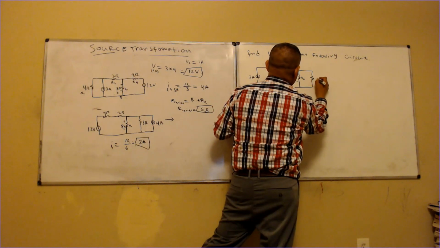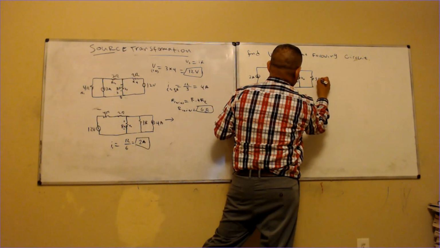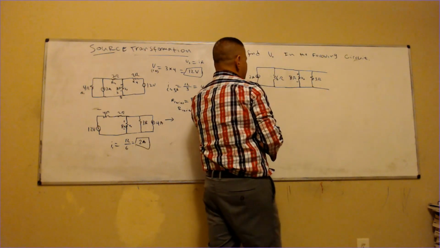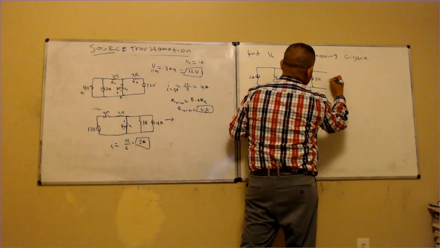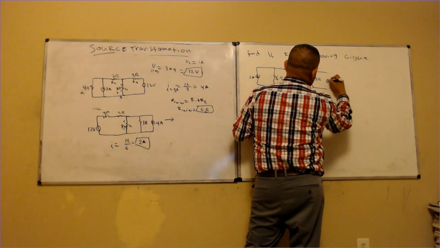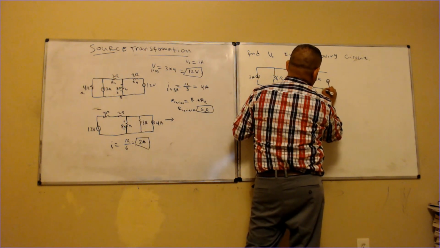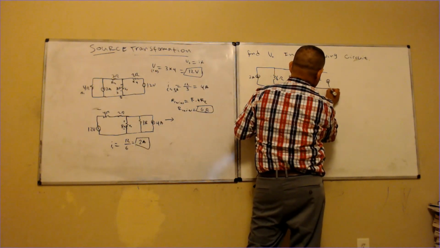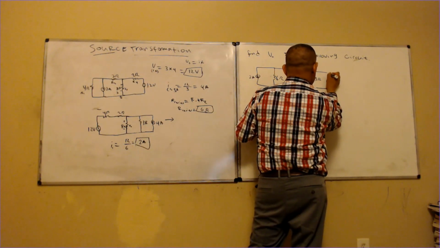Now you can actually see that this is 3 ohms, right? And also, I got another current source, right, like that. And this goes like this, right?